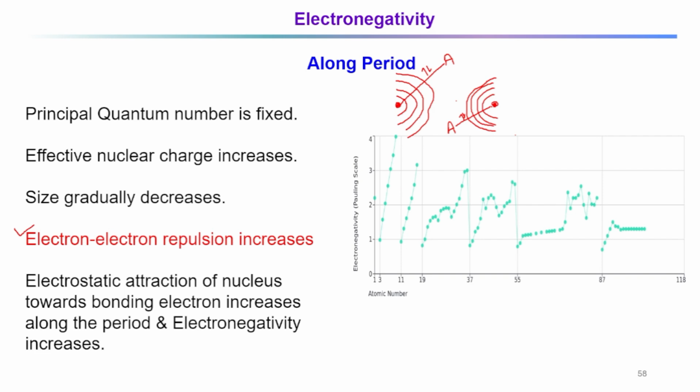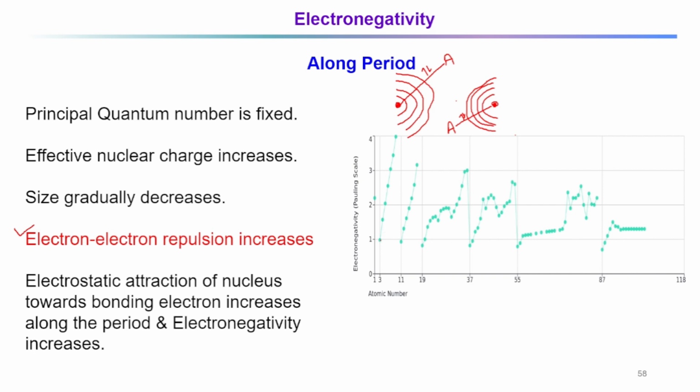So if the size is small, the electrostatic attraction will be more, and that will attract the bonded electrons towards itself. So that's why the electronegativity will also increase. You can see that from this atomic number versus electronegativity plot.